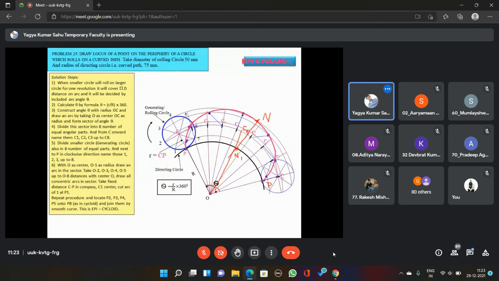This is the normal, and perpendicular to this you'll get the tangent. So N N1 is the normal and the perpendicular is the tangent at this particular point N on this cycloidal curve, the epicycloid.